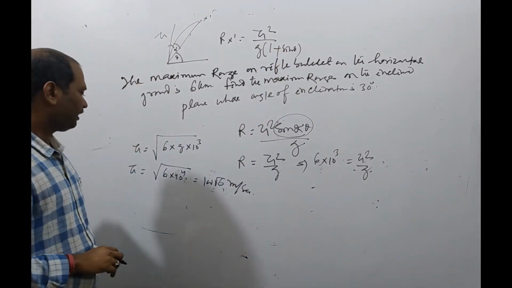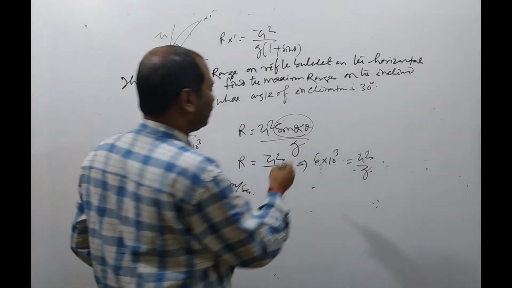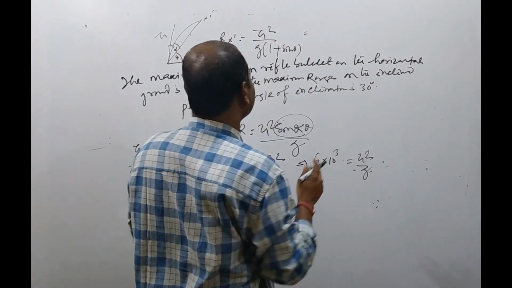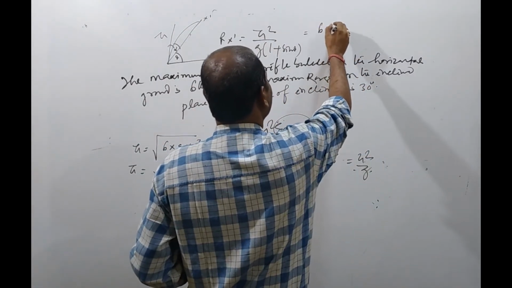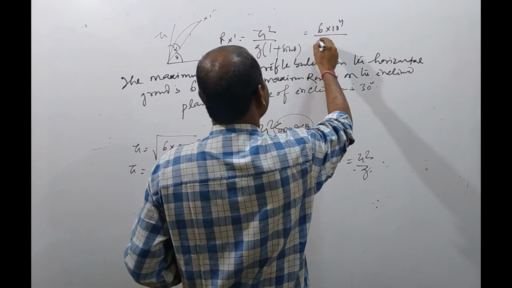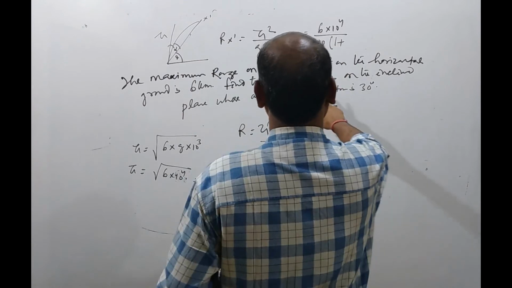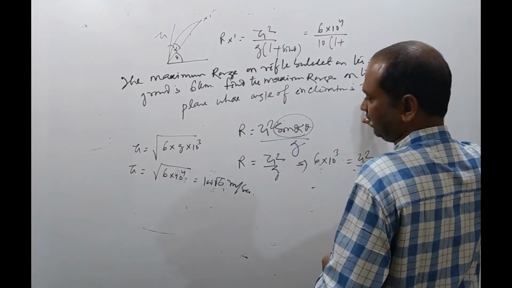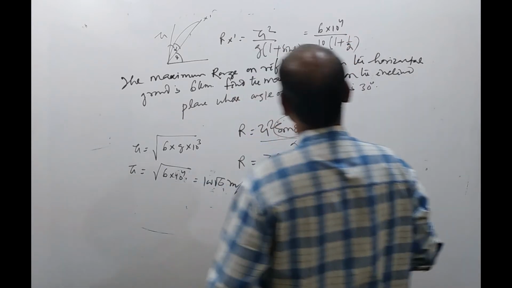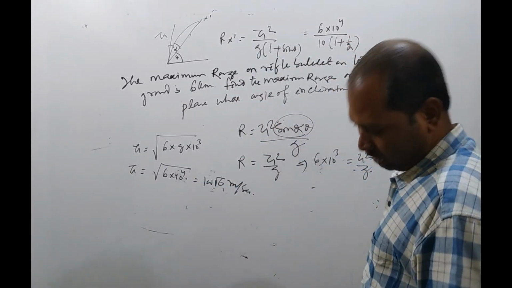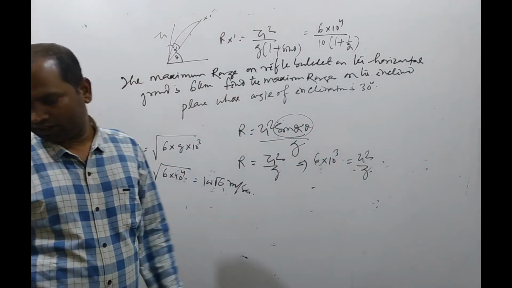You have gotten the value of u already, so u square is equal to 6 into 10 to the power 4, divided by g is 10, and 1 plus sin theta. Theta is given here, angle of inclination is 30 degree, so sin 30 is half. Solving this, you can get the maximum horizontal range on the inclined plane. Clear?